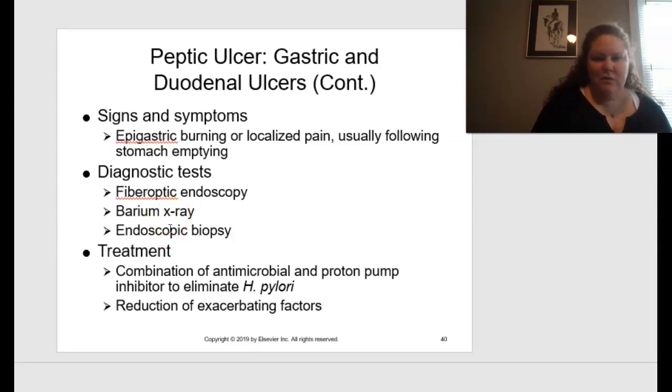Then you can have the treatment, which would be the combination of antimicrobial and proton pump inhibitors to eliminate the Helicobacter pylori that caused it, and then also reduce the factors that exacerbated it or made it worse. Right?